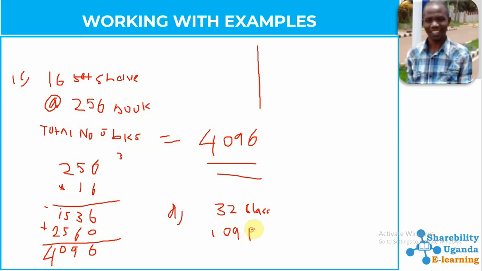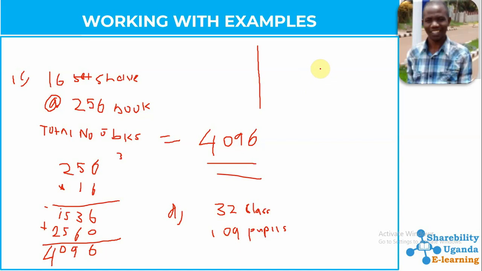Pupils are the number of students within each class. So we have 32 classrooms.